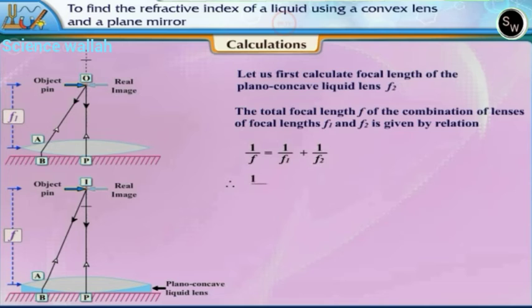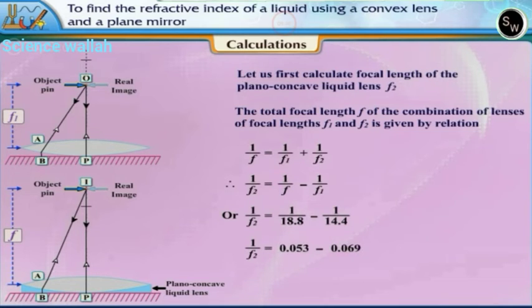Therefore, 1 upon f2 is equal to 1 upon f minus 1 upon f1, or 1 upon f2 is equal to 1 upon 18.8 minus 1 upon 14.4, which is equal to 0.053 minus 0.069 is equal to minus 0.016. Hence, f2 is equal to minus 62.5 centimeter.